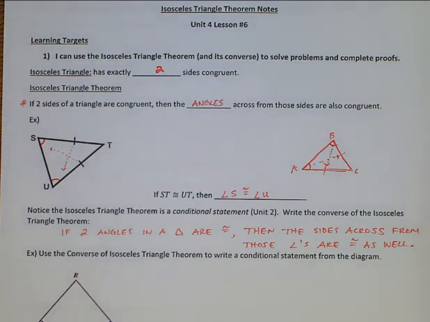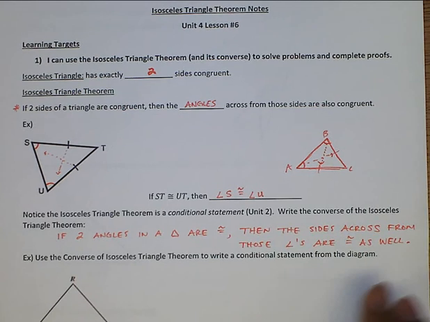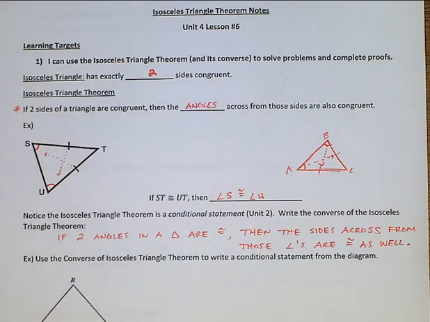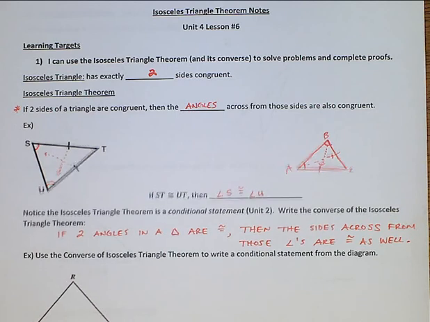It says use the converse of the isosceles triangle theorem to write a conditional statement from the diagram. So they just want us to put this in words instead of just saying two angles, to be more specific since we have that information.